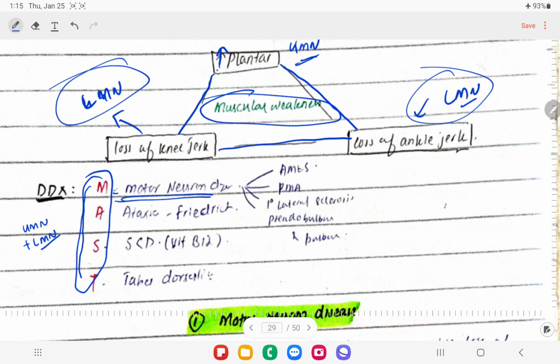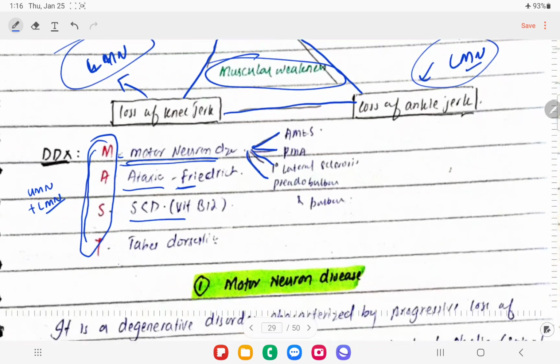M stands for motor neuron disease, in which we have five subtypes, five variants of this motor neuron disease, right? Then A stands for ataxia, that is basically Friedreich ataxia, right? And S stands for subacute combined degeneration, right? And T stands for tabes dorsalis.